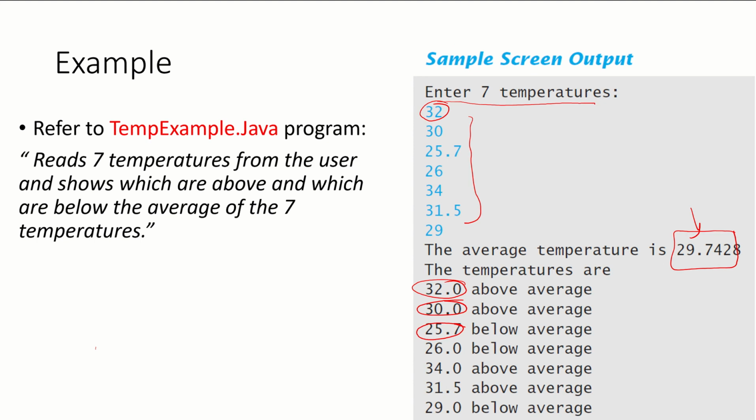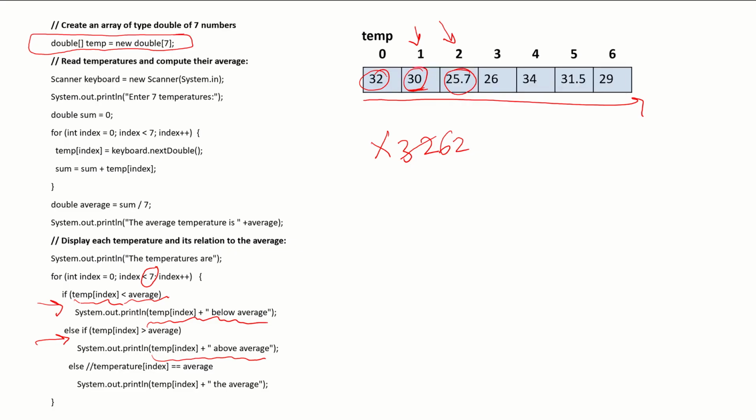In this example, we discussed how to create an array, how to read the values, how to go through each value and compare it with the average. In our next session, we will have more exercises where we read arrays and do calculations, for example finding the maximum, minimum, number of odds, and number of evens.